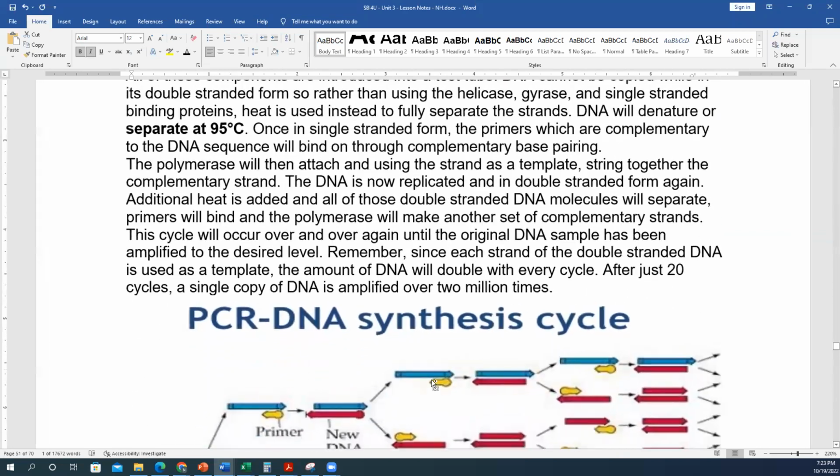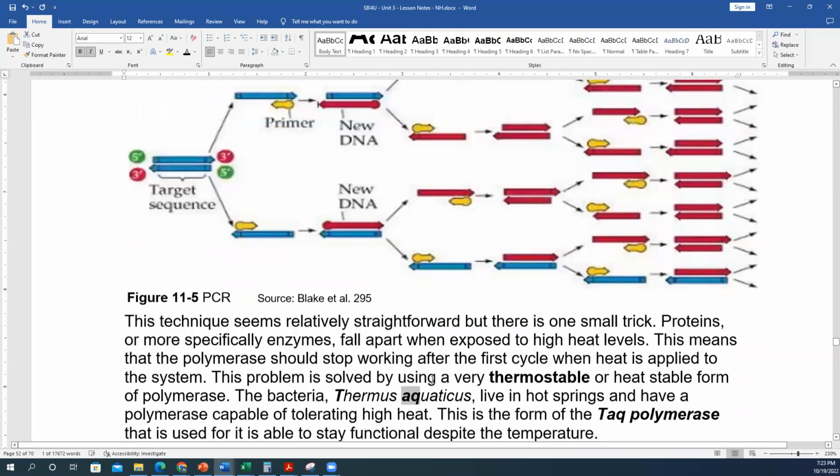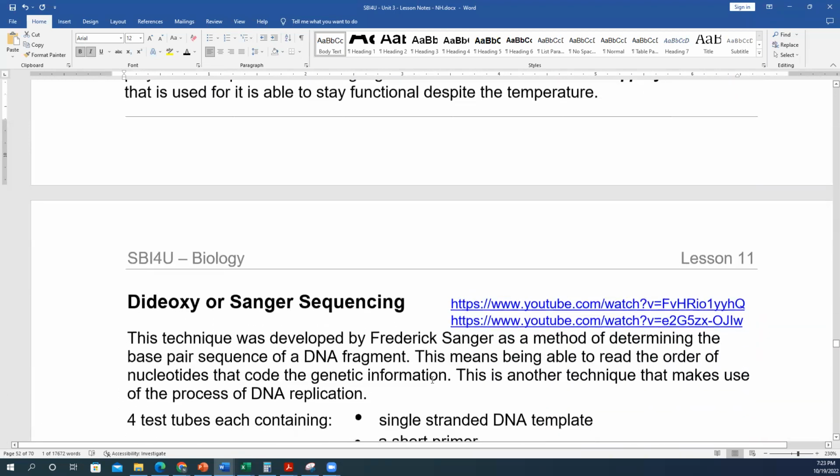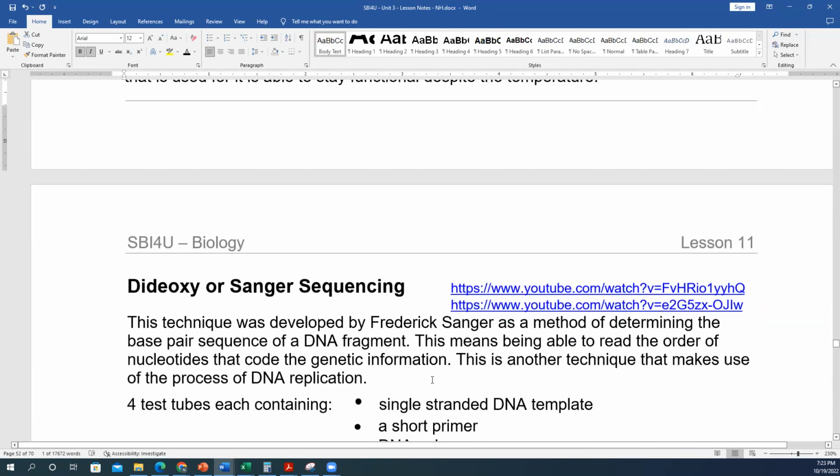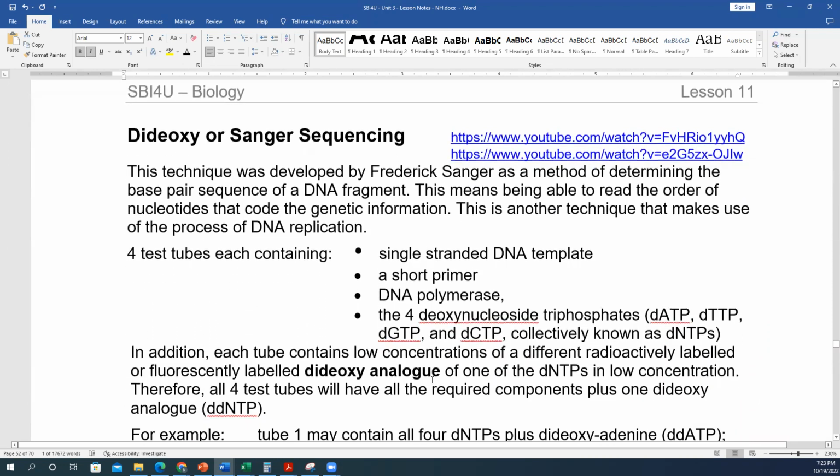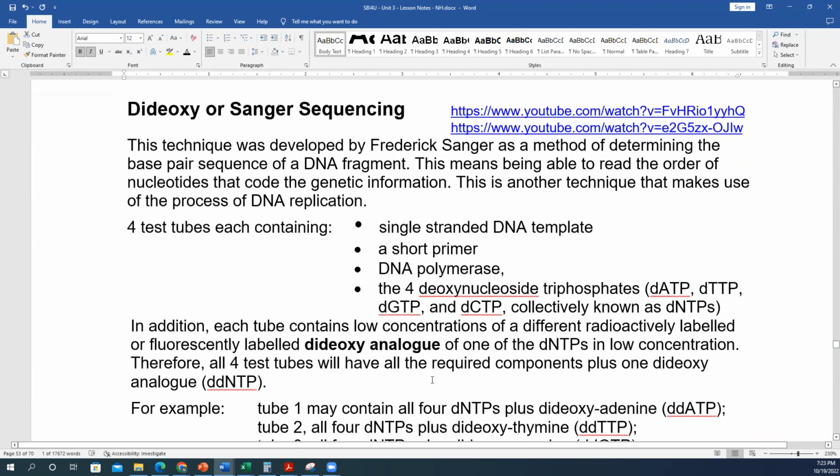So that was the overview of the polymerase chain reaction. Now, one more molecular biology tool is DNA sequencing. So DNA sequencing, or Sanger sequencing, this technique was developed by a scientist called Frederick Sanger.